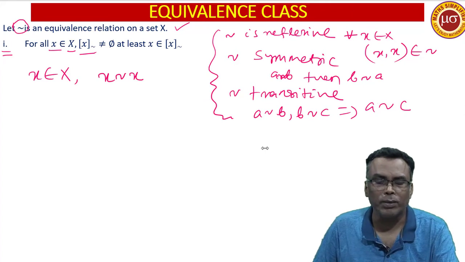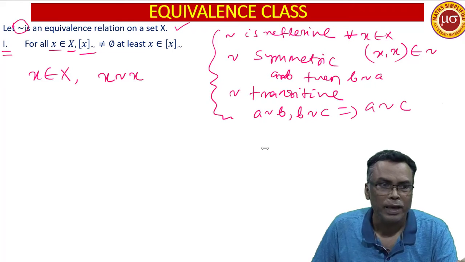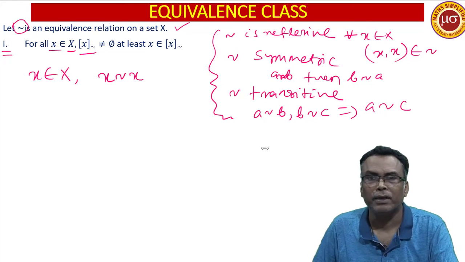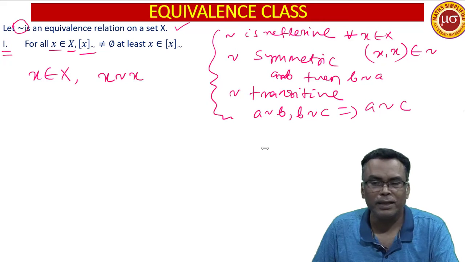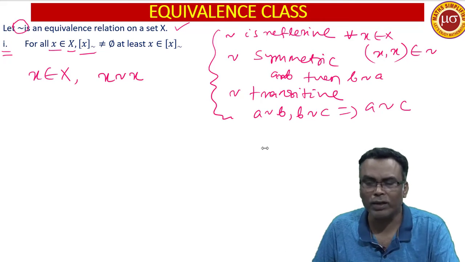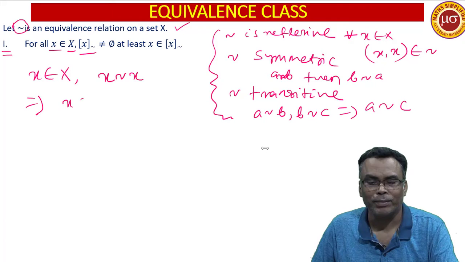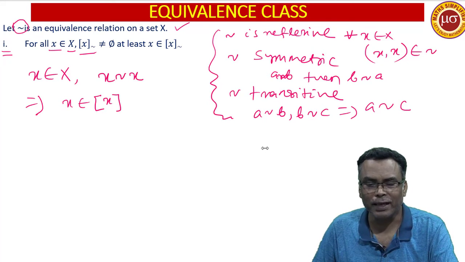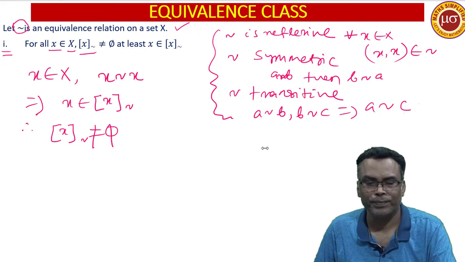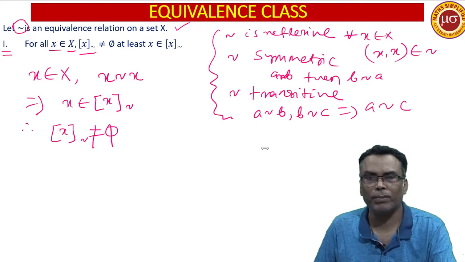All those elements which are related to x. So at least x is related to itself. Therefore x belongs to the equivalence class of x at least. Therefore the equivalence class is never phi. At least it contains x itself. So the equivalence class of any element is never phi.